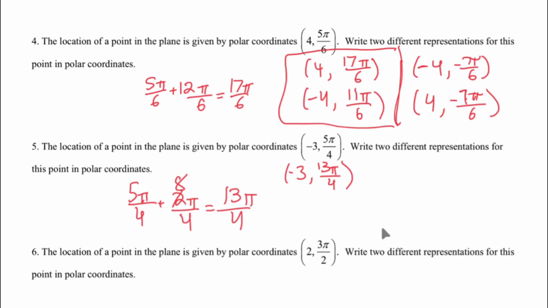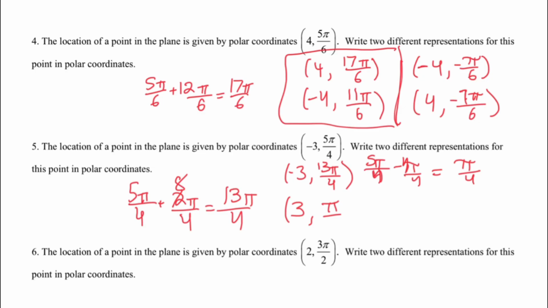So we can add pi on the other one. So 5 pi over 4, that's a 4. Or sorry, not add, subtract pi. And so multiply both by 4. That gives us pi over 4. Because we subtracted pi there, that means that the 3 is going to be positive now. So if we add or subtract pi, it will change the sign of the first one.